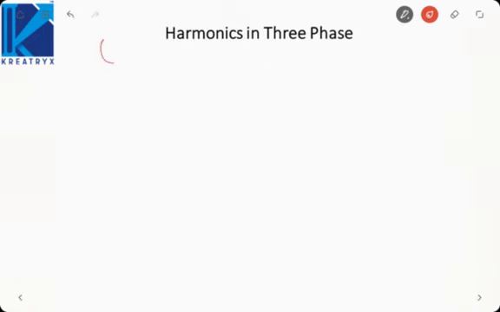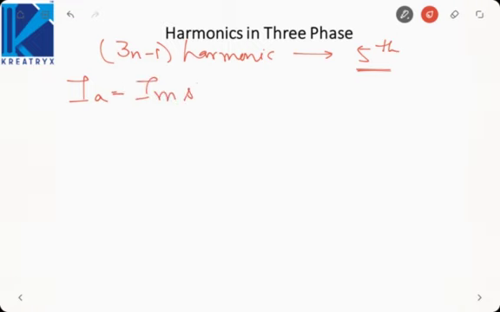Next let us consider 3n minus 1 harmonic. In this, if we take n is equal to 2, we will arrive at 5th harmonic. So let us see what will happen. IA will be Im sin 5 omega t.